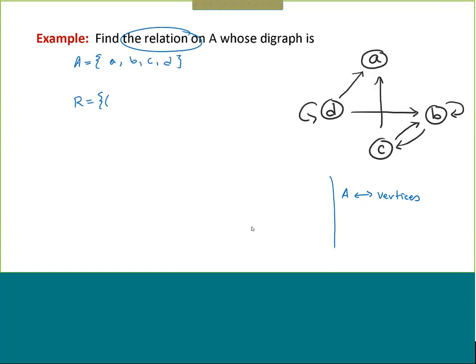Now, if you wanted to recover the actual ordered pairs of your relation, where would you look? In other words, what did ordered pairs get converted into in this graph? Well, we already looked at vertices, so what's the only other part of the graph?